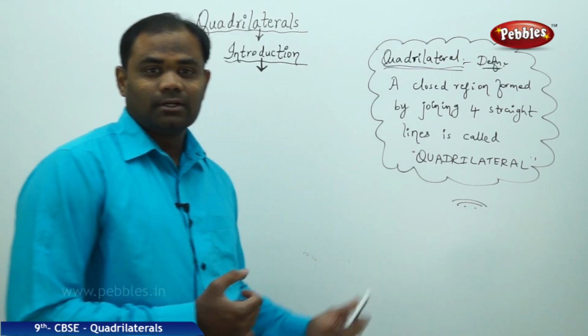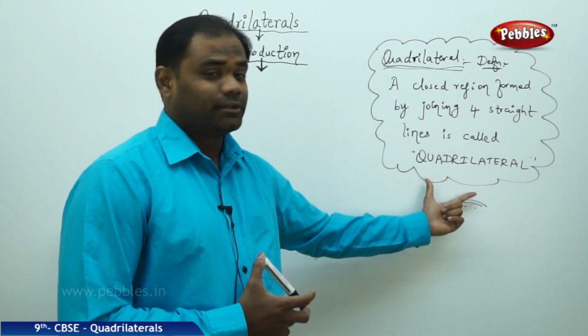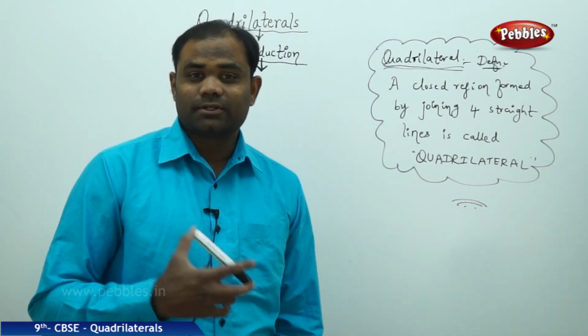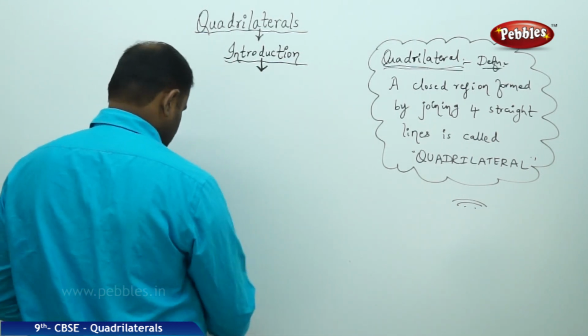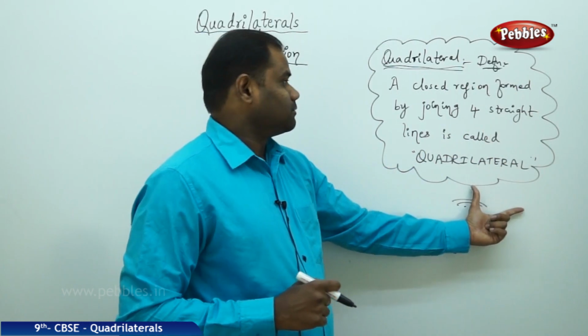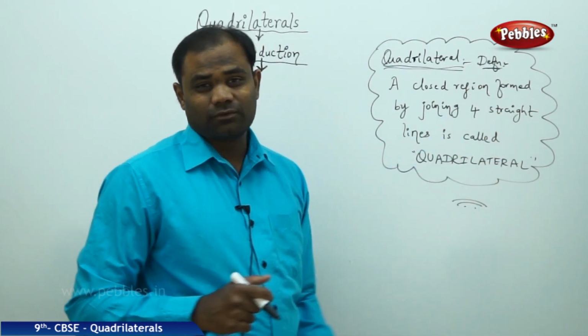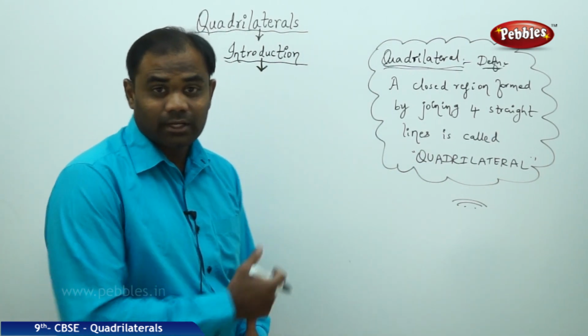So let's see the other set of quadrilaterals which can be formed using the definition of joining four straight lines. Imagine I have four straight lines joined as given in the definition, forming a closed region in this manner.